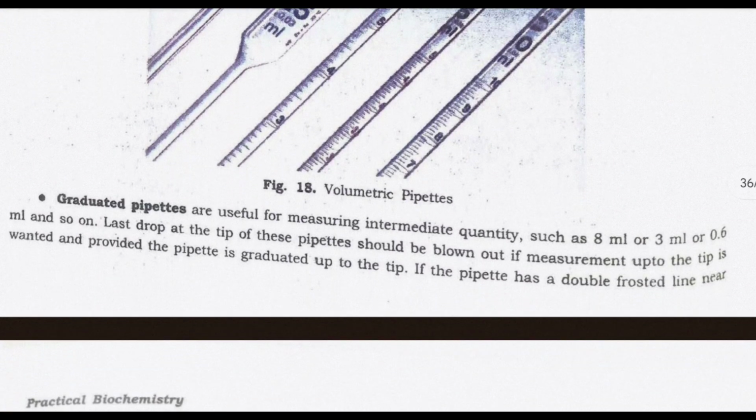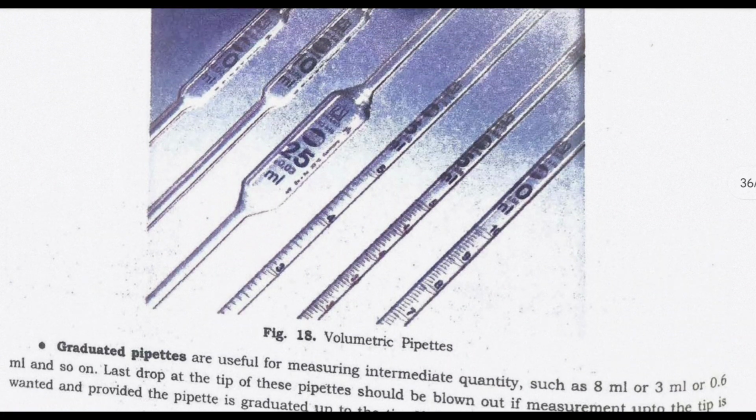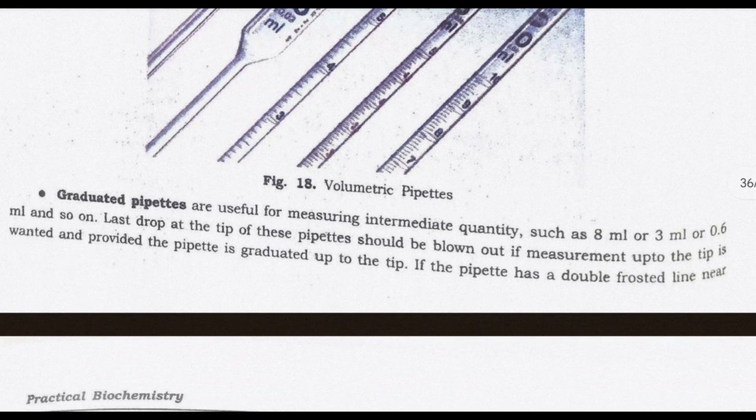Volumetric pipette. Second is the graduated pipette. Graduated pipettes are used for measuring intermediate quantities such as 8 ml to 3 ml or 0.6 ml and so on. The last drop at the tip of this pipette should be blown out if measurement up to the tip is wanted, and provided the pipette is graduated up to the tip.